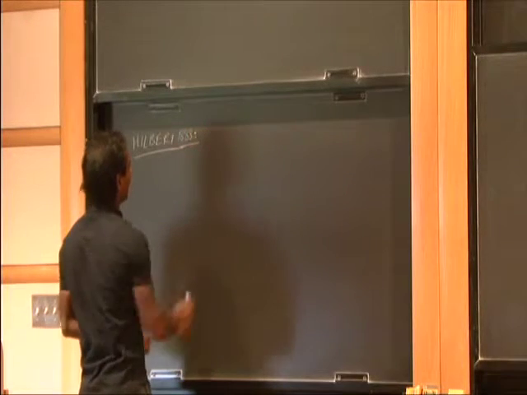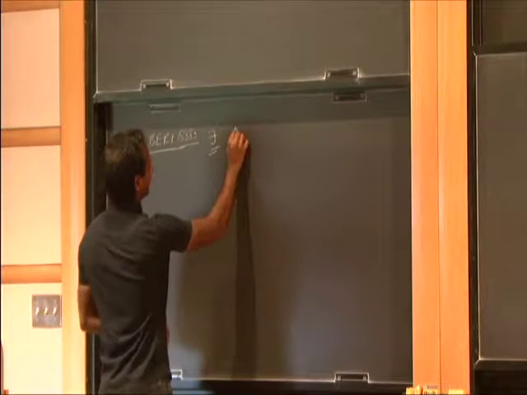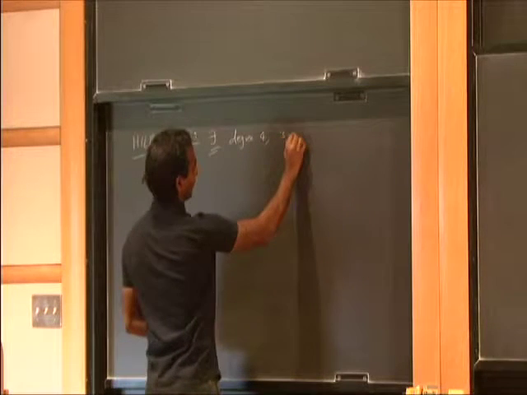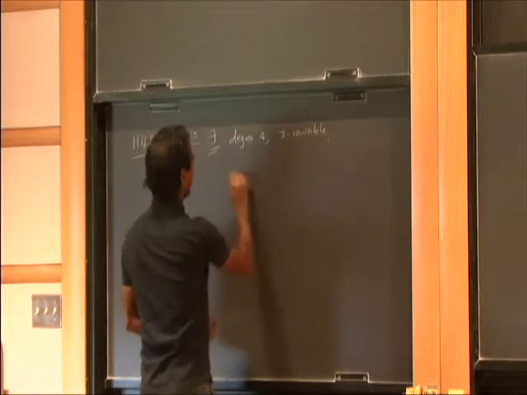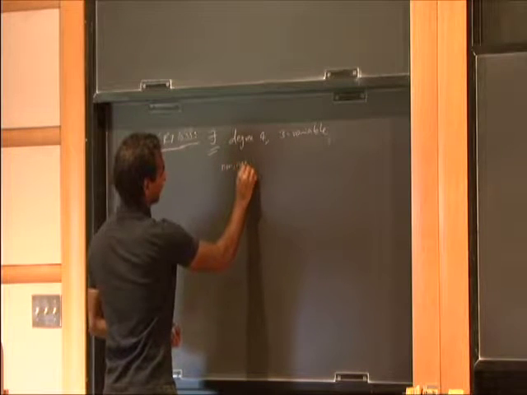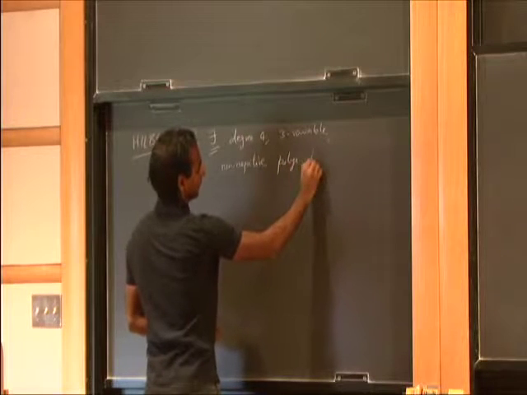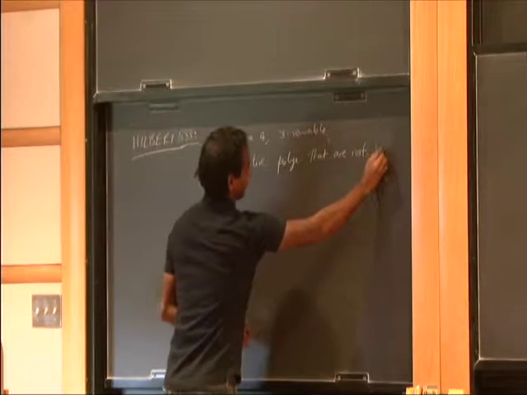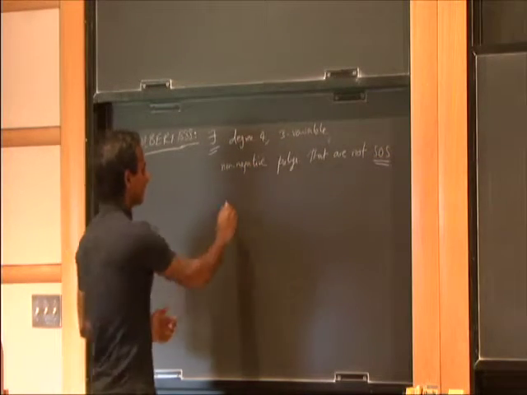And in this paper, he actually showed something nice, which is there exist degree 4, 3-variable non-negative polynomials that are not sum of squares. Okay. So what do I mean by this?